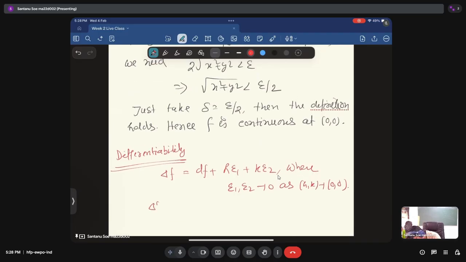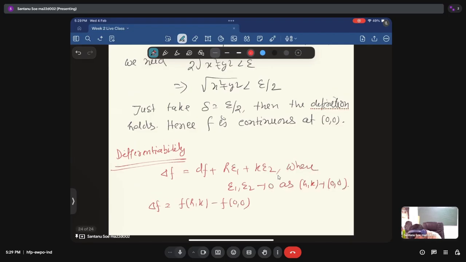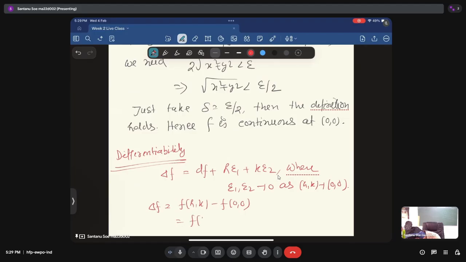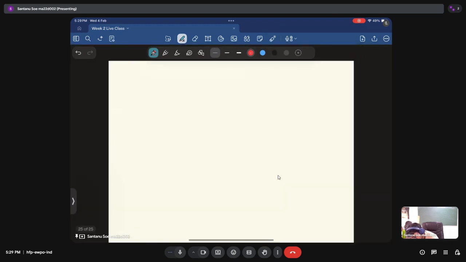And delta f is nothing but f(h,k) - f(0,0). So this is just f(h,k), and we have to show that df is nothing but h fx(0,0) + k fy(0,0).